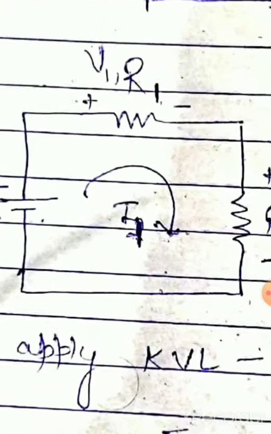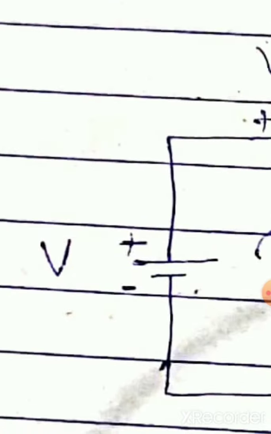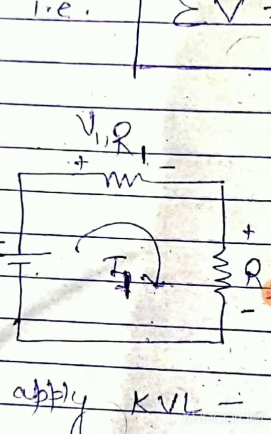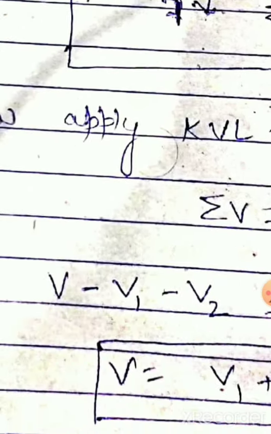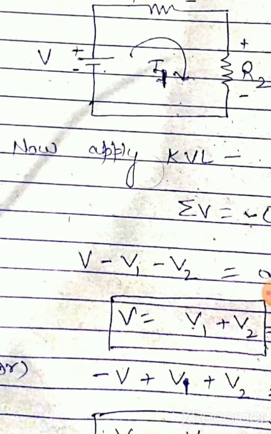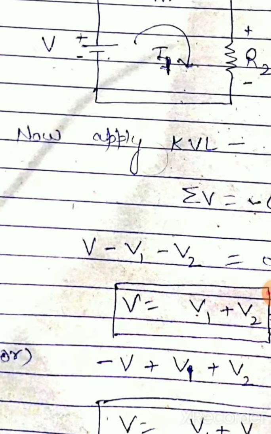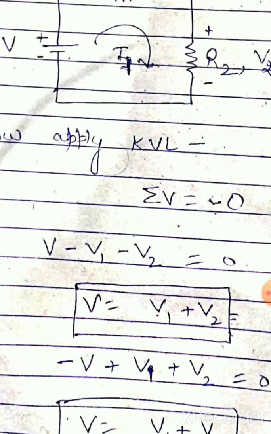In this case, the entering terminal for the battery is negative, so we take the polarity of the battery as negative. Similarly for V1 and V2, the entering terminals are positive, so we take their polarity as positive. If we write the equation again using this sign convention, the second case is minus V plus V1 plus V2 is equal to 0, which also results in the same equation, V is equal to V1 plus V2.